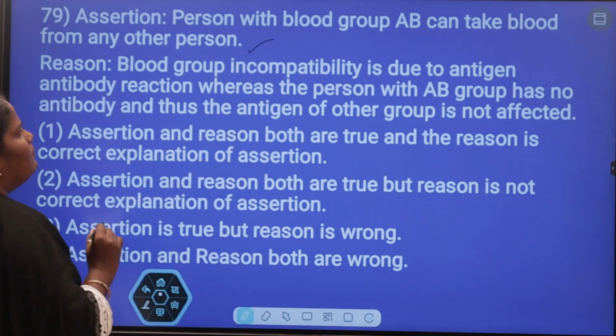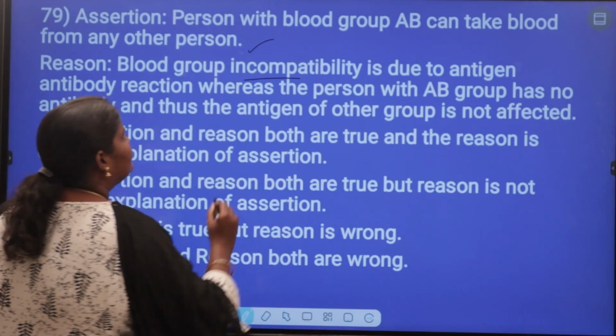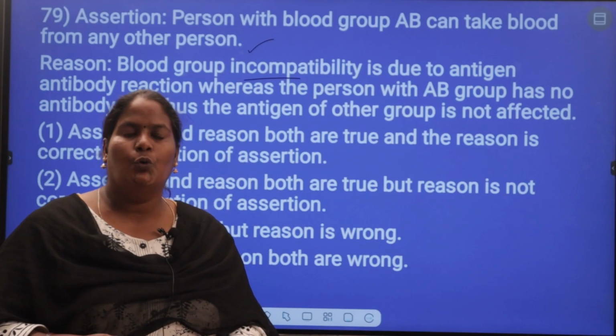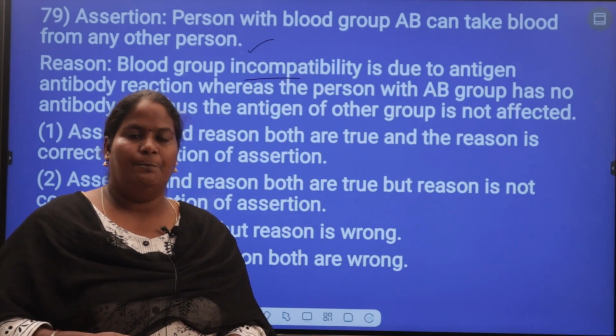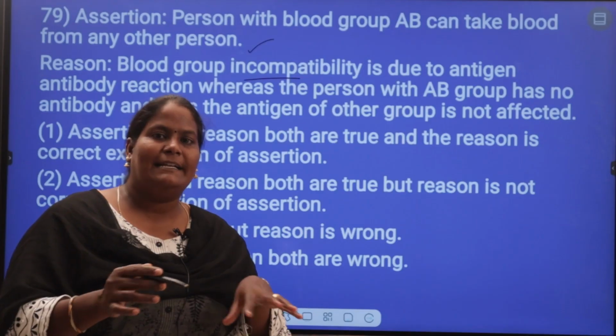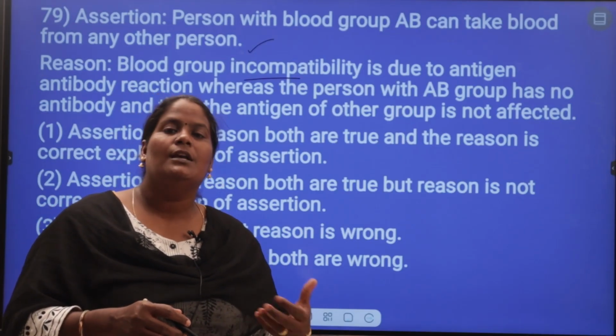Next one, blood group incompatibility. The word incompatibility means mismatching. If, by mistake, a person with the B blood group is transfused with the A blood group, an incompatibility takes place: an antigen-antibody reaction takes place inside the patient.